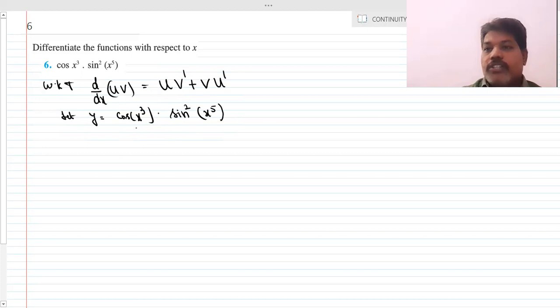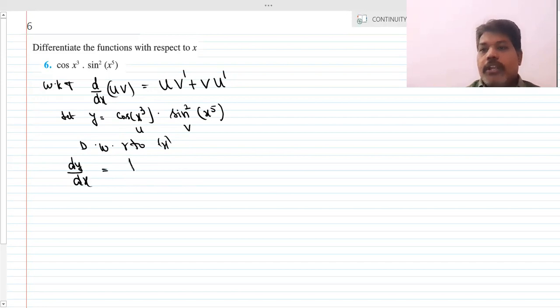First we have to understand that this function is u and this function is v. So first differentiate with respect to x. So dy by dx is equal to derivative of cos of x cube into sine square of x power 5.